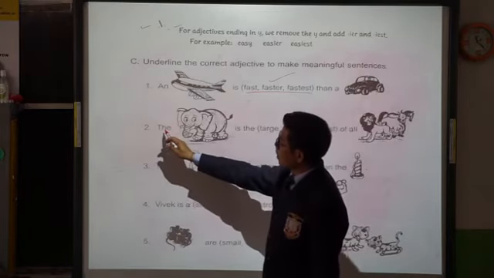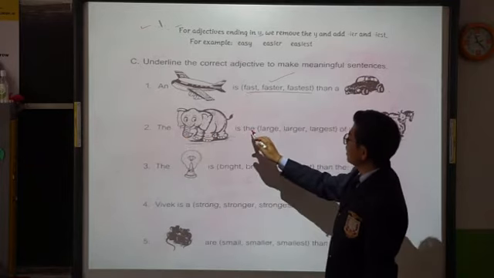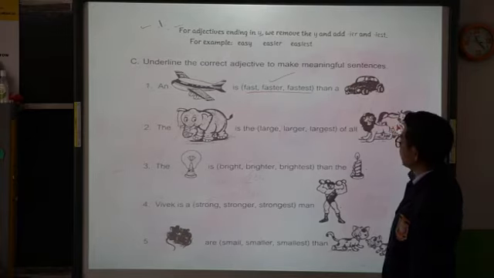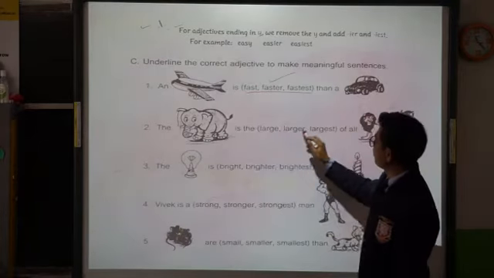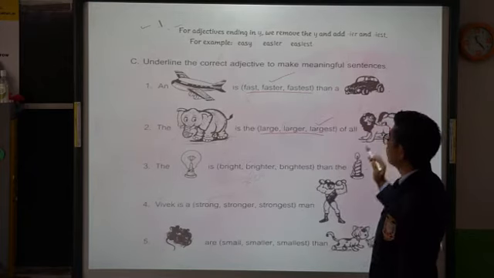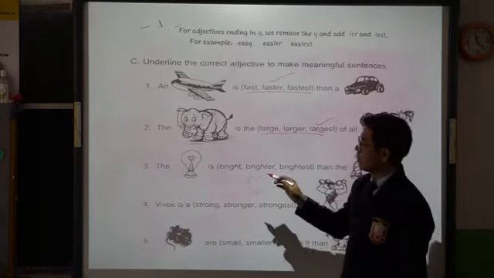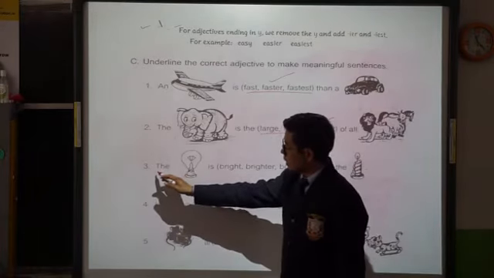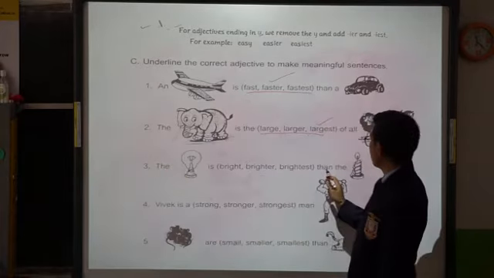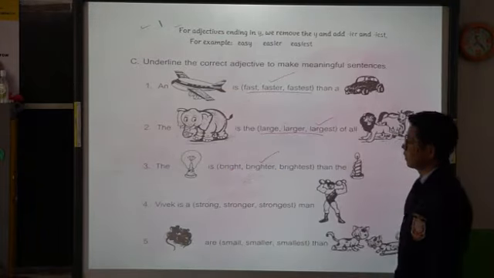Then next, the elephant is the dash of all animals. So here we choose largest of all animals. We are comparing from many, isn't it? Now, third, the bulb is dash than the candle, brighter, comparing two things.